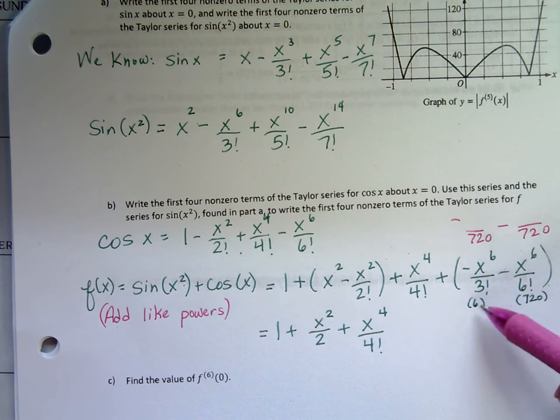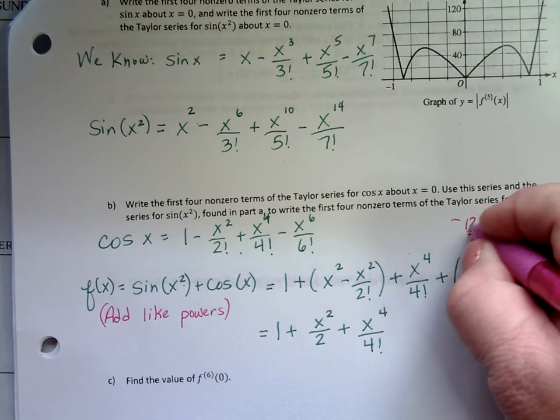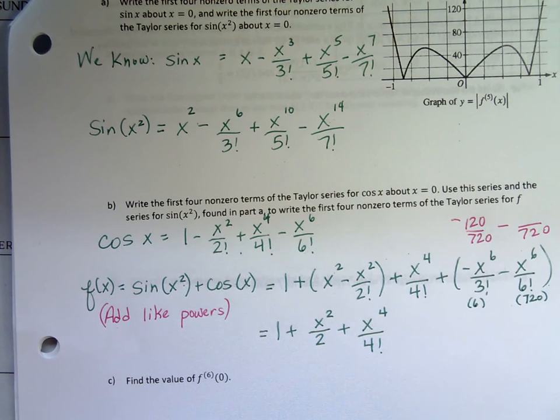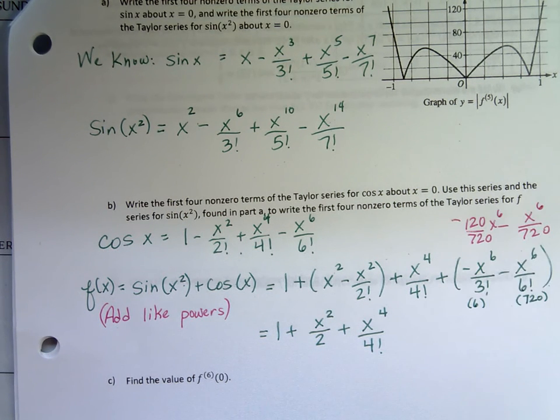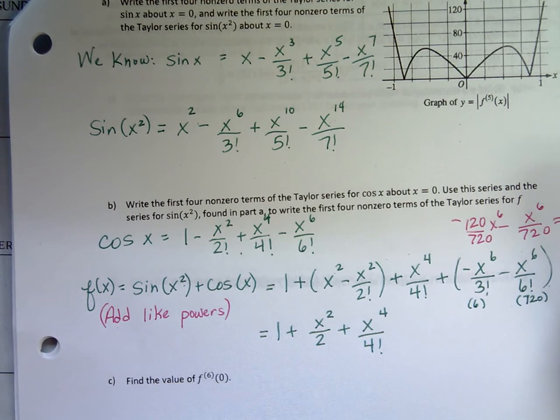Well, if I divide 6 into 720, it goes 120 times. This is x to the 6, by the way. This one is already the 720, so minus x to the 6th. If I combine them together, negative 120 and negative 1 give me negative 121, x to the 6th over 720.